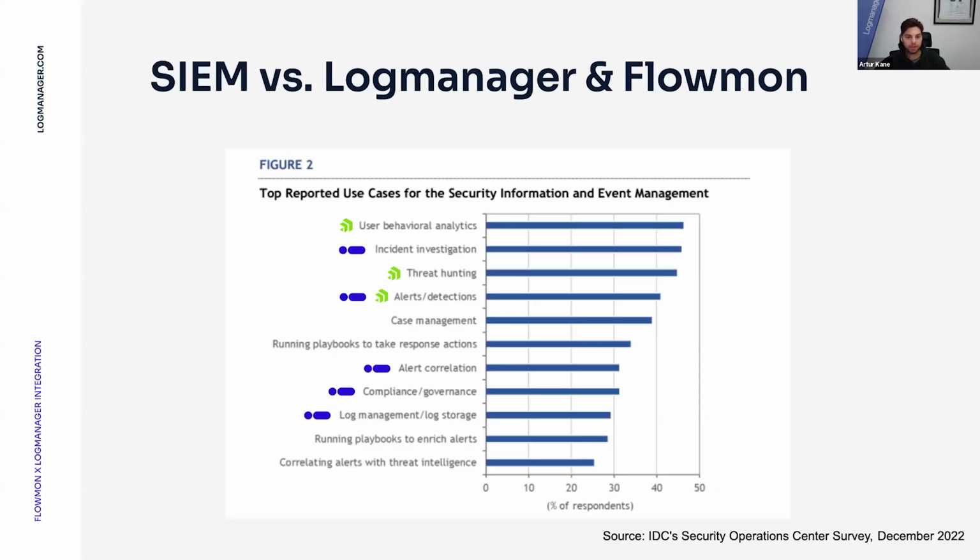So starting with user behavior analytics, this is what Flowmon does in terms of incident investigation in a broader way, not only network, but also application servers, users, etc. This is what Log Manager offers. Then we have threat hunting with Flowmon, looking at specific communication points and timestamps of different activities. We have detections that both technologies offer, and then correlation, compliance, log management, log storage.